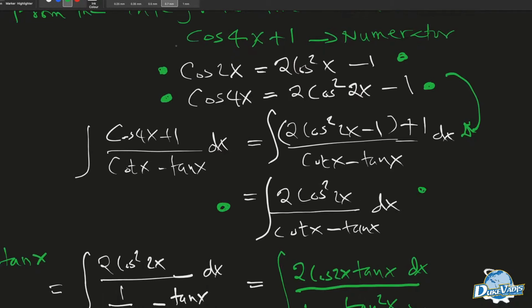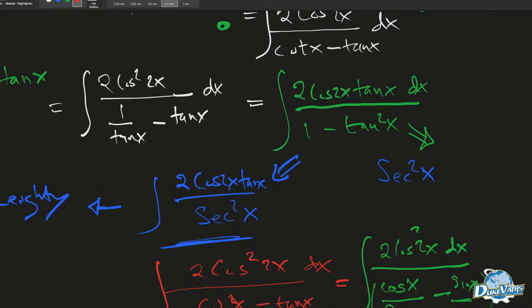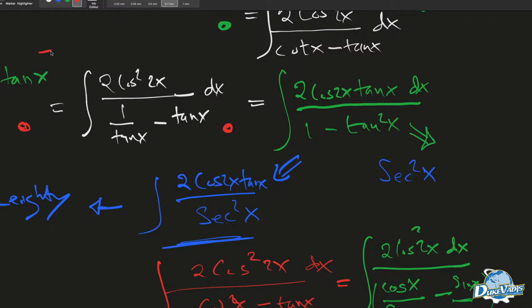Okay, we got to a point that we also looked at the denominator, the cot x minus tan x. So we know cotangent of x is 1 over tan, so we multiply through by tan x.